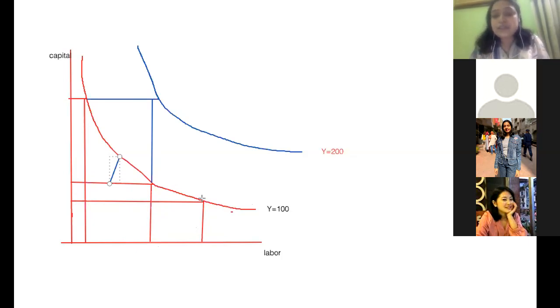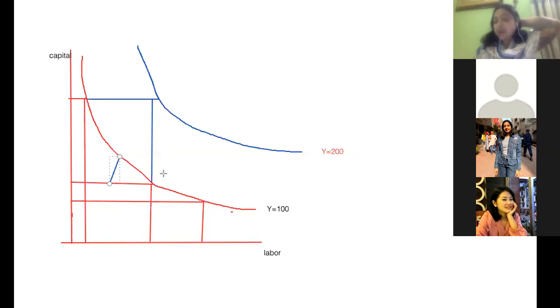The reason is, in this situation you are labor abundant, you have so much labor, so your capital is more valuable to you. Whereas over here, you are capital intensive, you have so much capital, so to increase labor by a little bit, you are willing to sacrifice a lot of capital. So how you sacrifice labor and capital depends on which part of the isoquant you are currently operating.